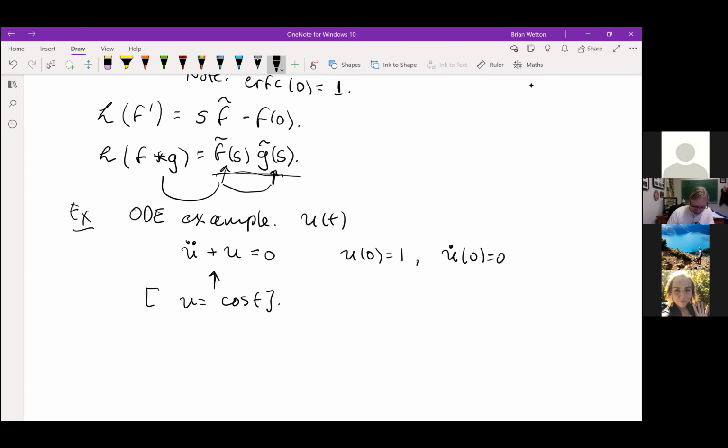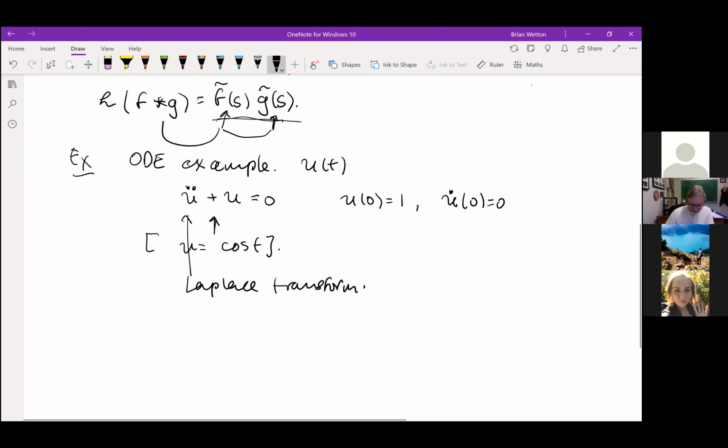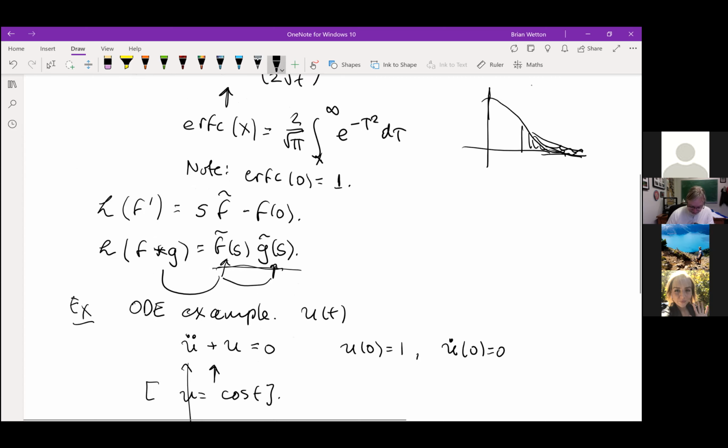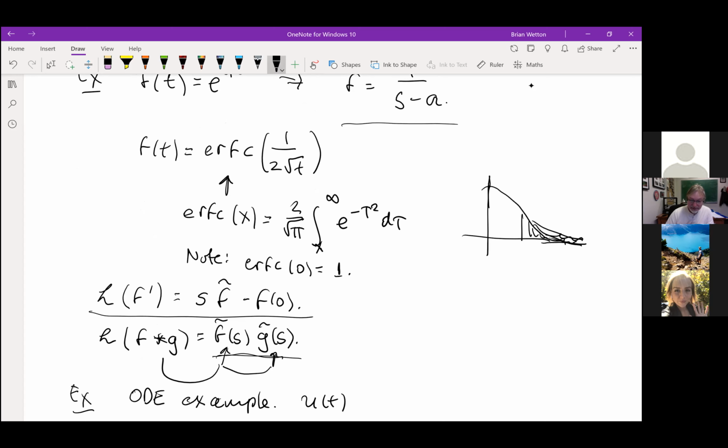So let's take the Laplace transform of this. If I take the Laplace transform of the time derivative of u, then I get s times the Laplace transform of u minus the initial value of the time derivative at time 0. That's just using this property on f double prime.